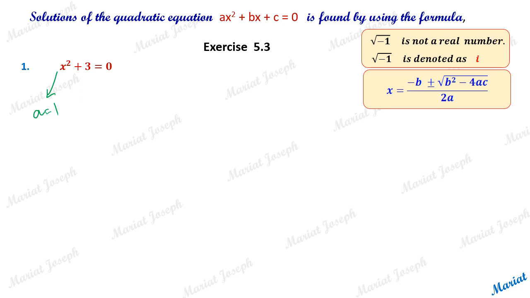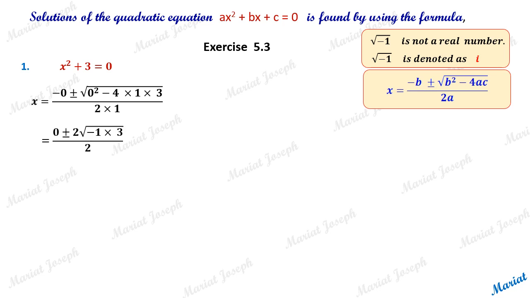Then what to do? We will put in the quadratic formula. So minus b plus or minus the square root of b square minus 4ac, we are putting the value of b as 0 and calculating, and see what's happening. We are getting minus 3 inside the square root sign. So the square root of minus 3 is taken as square root of minus 1 times square root of 3.